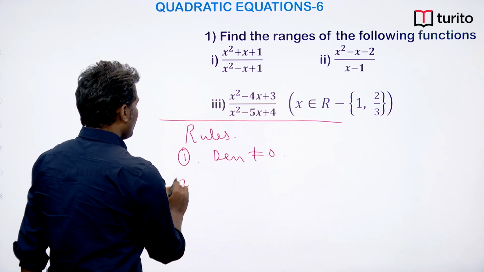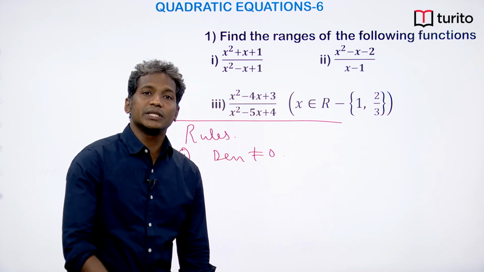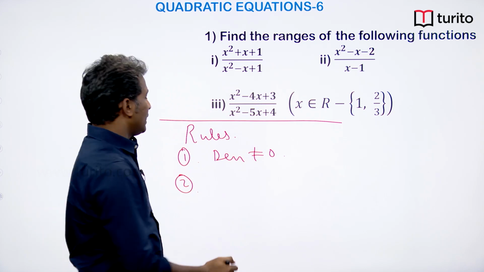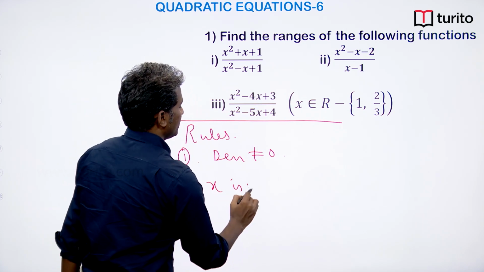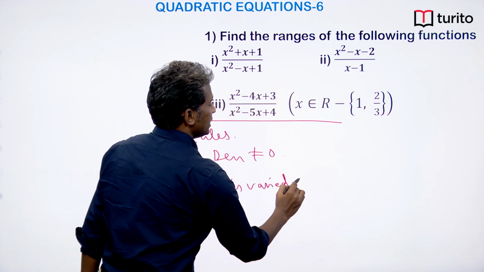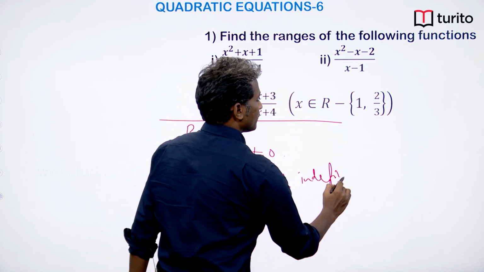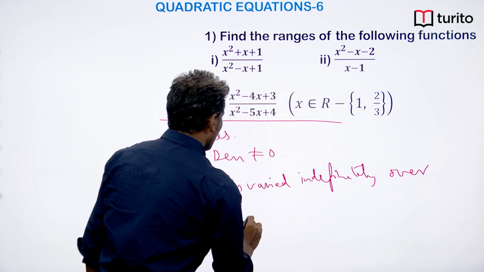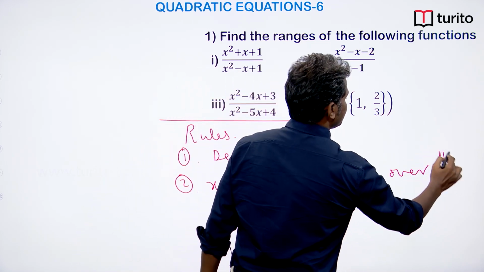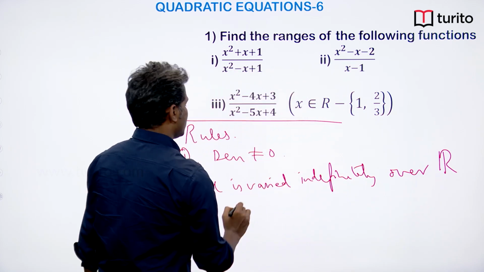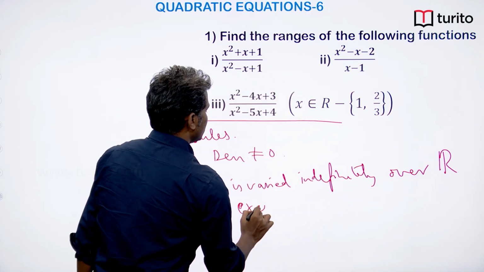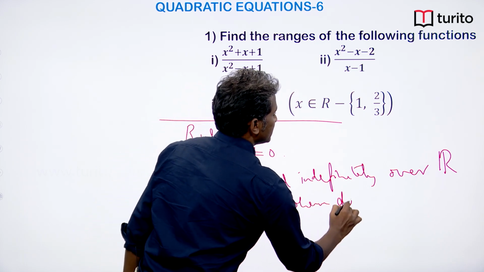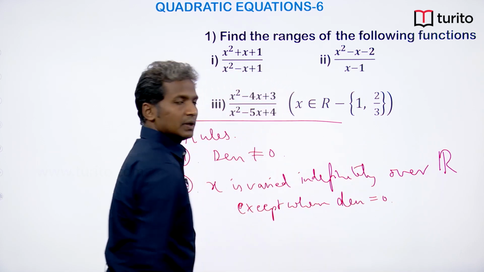Second is, this method will give us solutions only if x is varied indefinitely over all real values except these values where the denominator is equal to 0.